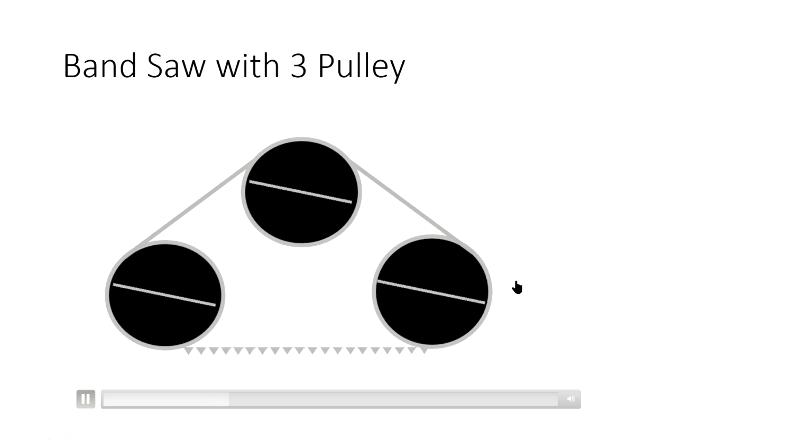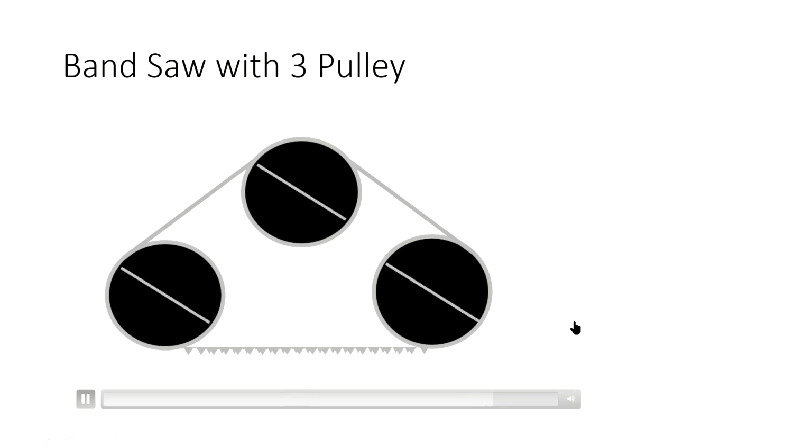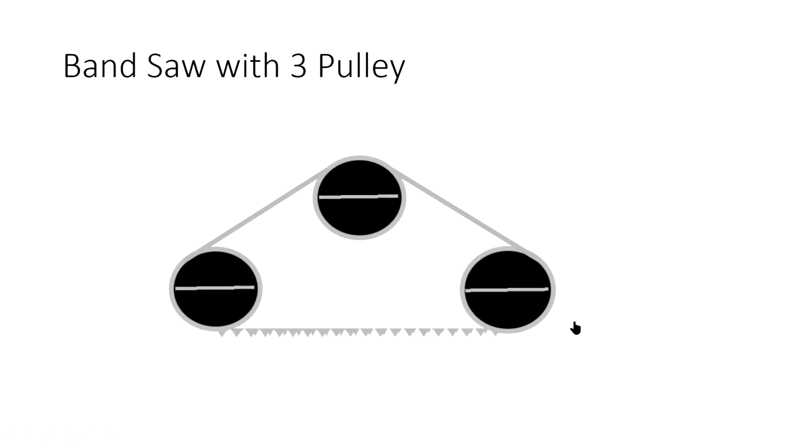And this is the bandsaw with three pulleys. What is the difference between the three pulley and two pulley? The purpose of the extra driven wheel in the three pulley system is to calculate the work done when there is an extra pulley. Based on the calculation and the simulation, the quantity and size will affect the disc wheel system that helps to increase the efficiency of the horizontal bandsaw.